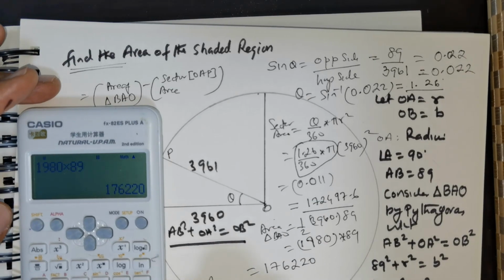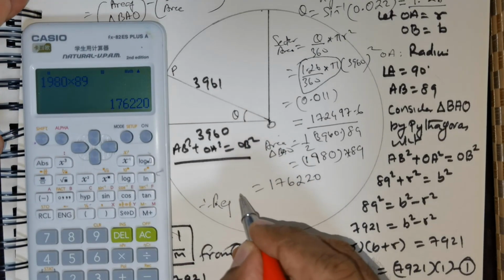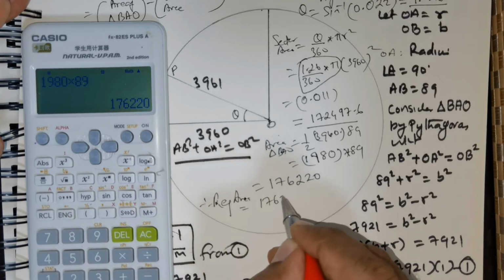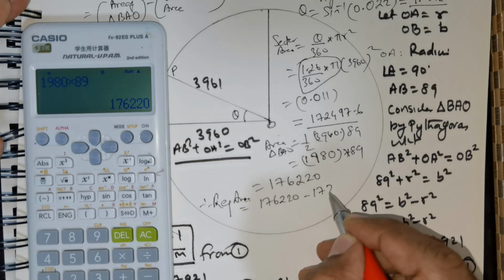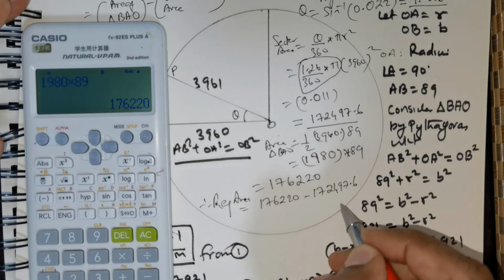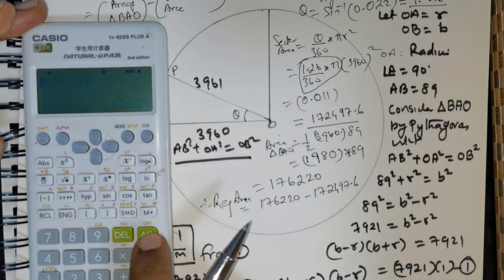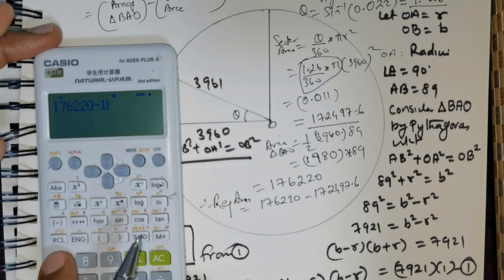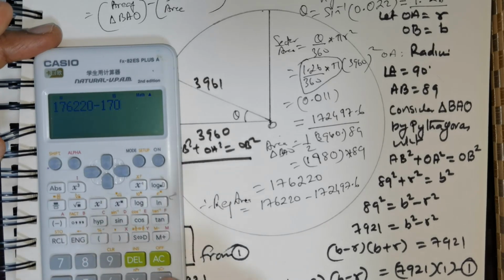So therefore the required area, that's the shaded region, is 176220 minus 172497.6. Okay, so let's do that. 176,220 minus 172,497.6, right?